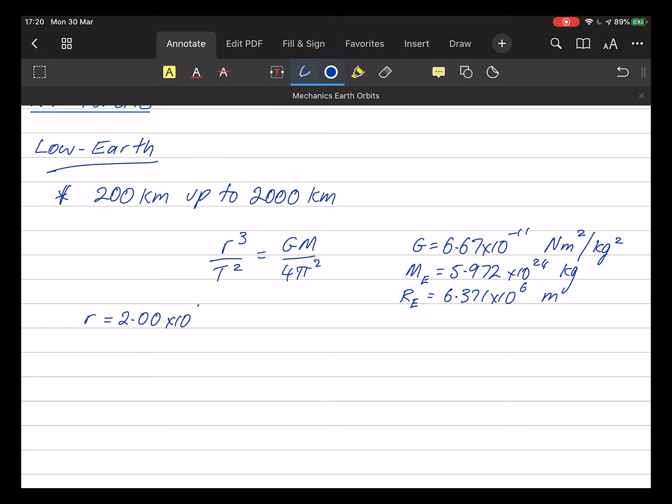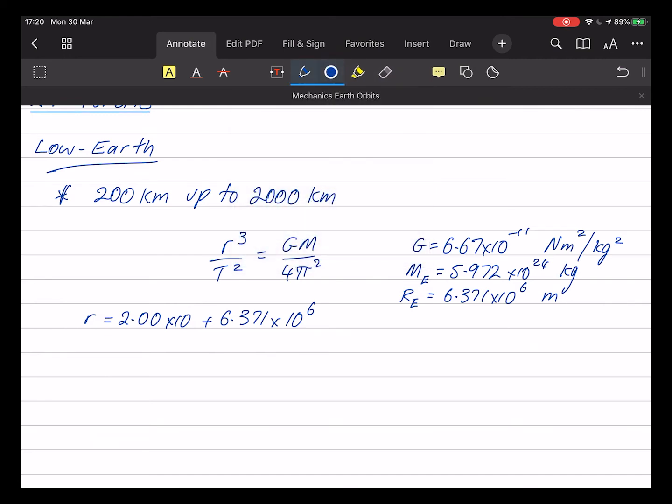That's 2 by 10 to the 3 kilometers, plus the distance that the surface of the Earth is, or the average radius of the Earth, 6.371 by 10 to the 6. Now, I've screwed something up already. I've written 2,000 kilometers when I need to write 2,000 meters. Let's fix that.